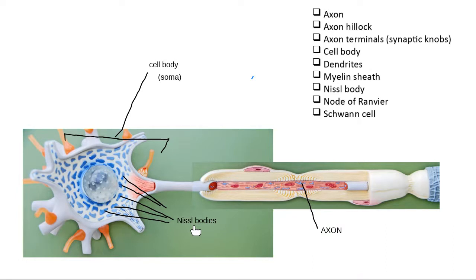The big one, not the tiny ones. Yeah, exactly. So think about Nissl bodies as the rough endoplasmic reticulum, or the rough ER, of a neuron. All of these Nissl bodies here in the cell body are a version of our rough ER.